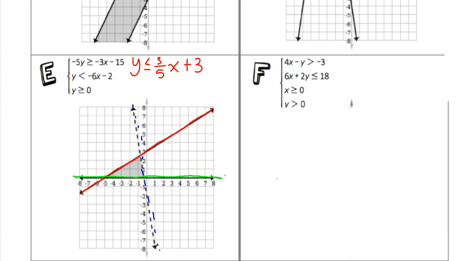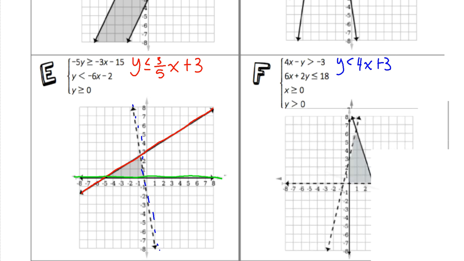F example also has 3, but this time it has 4, so it's got even more than 2. So again, we would want to write those either in slope-intercept form or use your x and y intercepts to find those. It's up to you. If I rewrite this first one in slope-intercept form, it would be y is less than 4x plus 3.